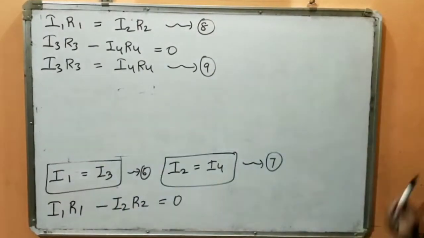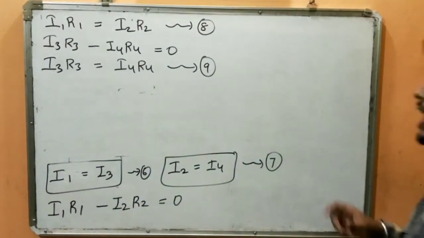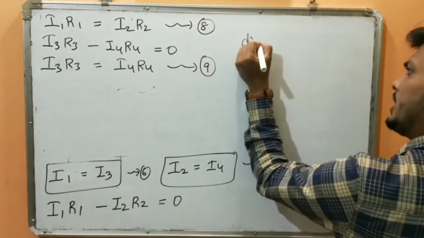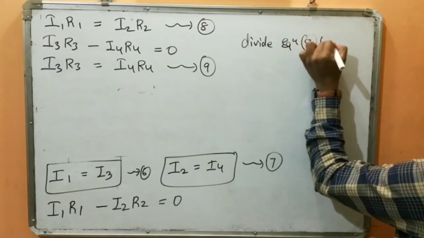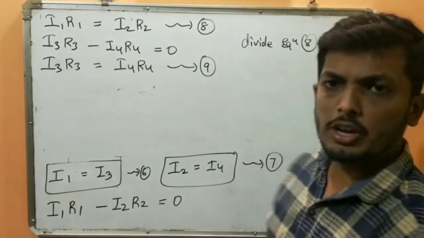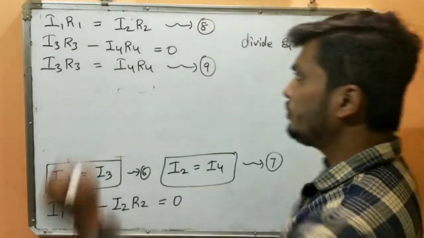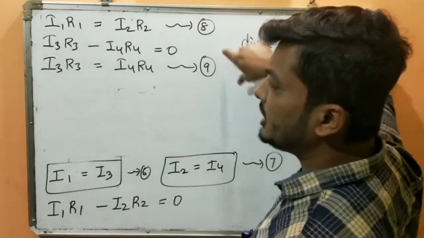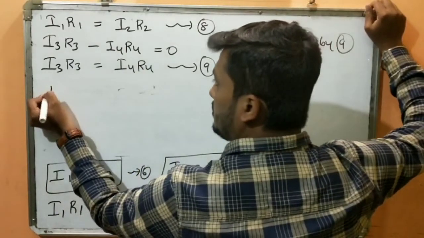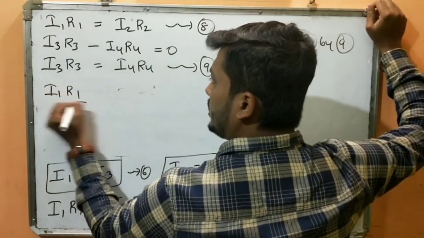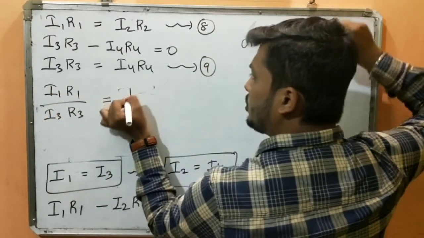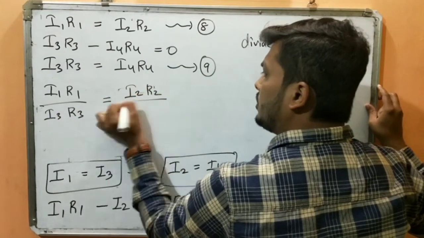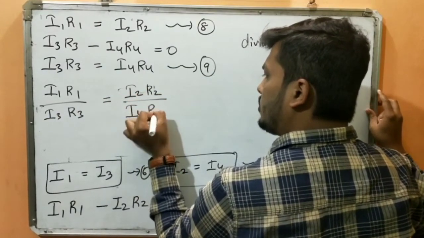Now please look carefully here. I am going to divide equation 8 by 9. Dividing equation 8 and 9, look at equation 8 and equation 9. This will be I1 R1 divided by I3 R3, equal to I2 R2 divided by I4 R4.